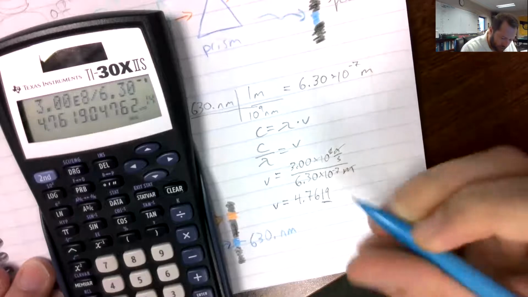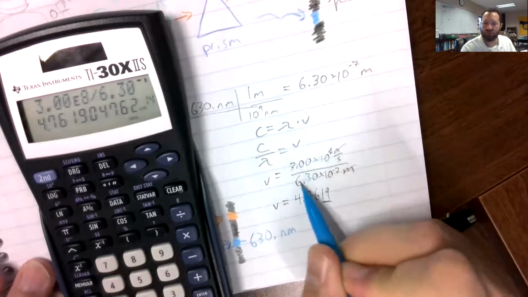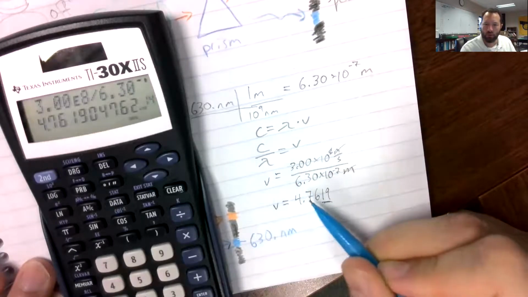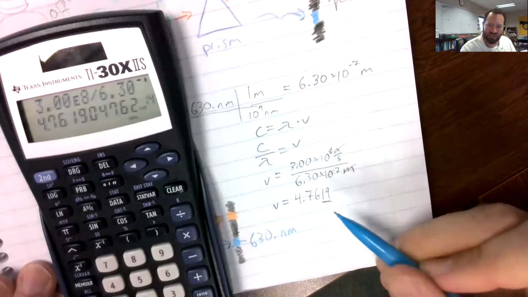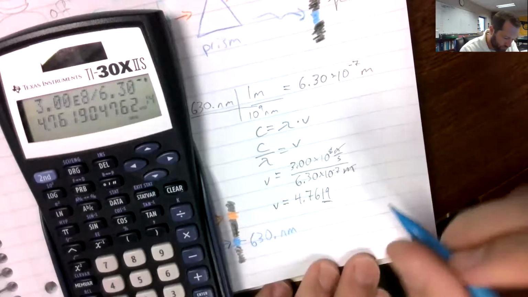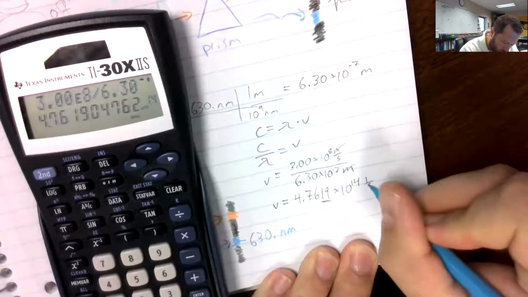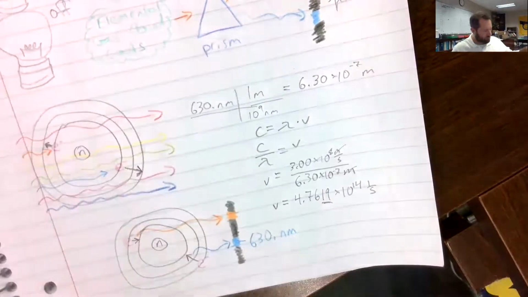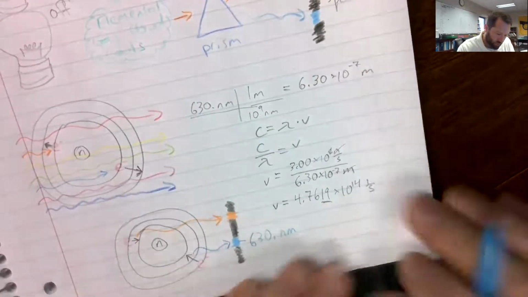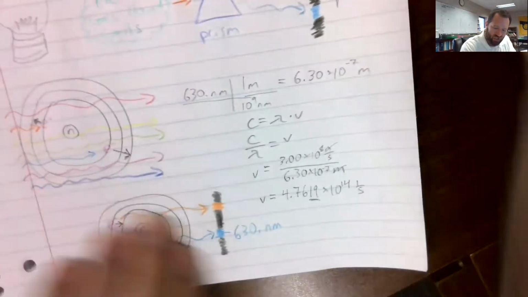I'm going to underline that 19. Only 3 significant digits. So the 4, the 7, and the 6 are 3 significant digits. I'm going to underline those last 2. And then times 10 to the 14th per second. Okay, so we've got our frequency. What are we going to do with this frequency is the next question.